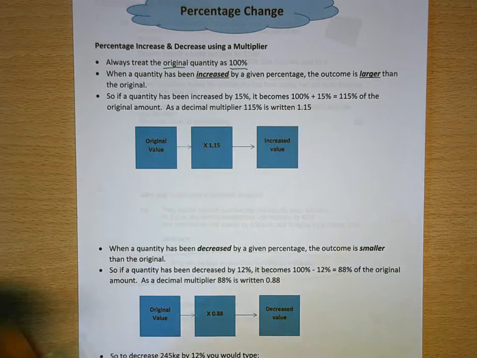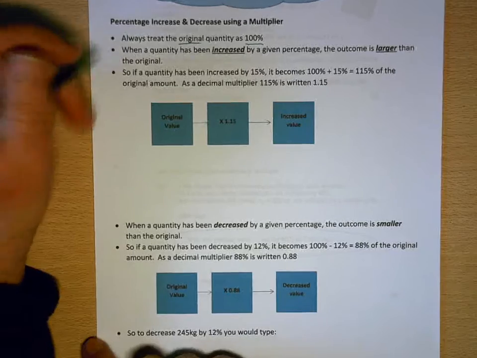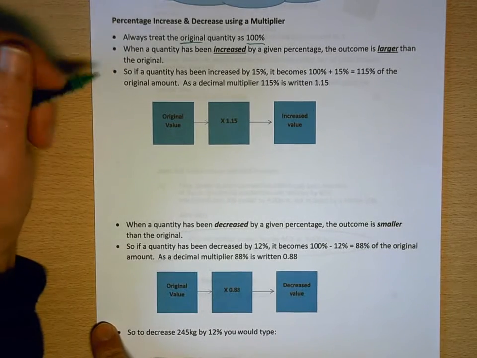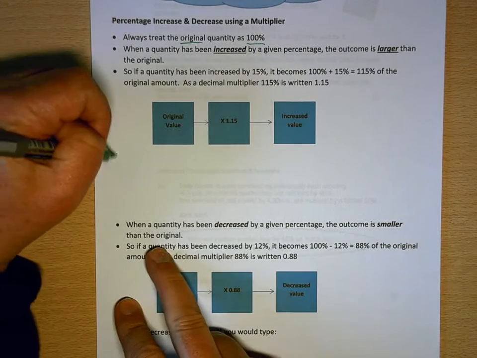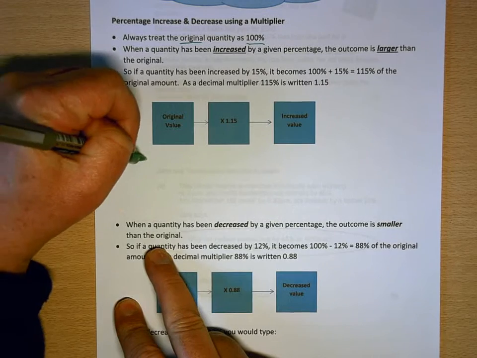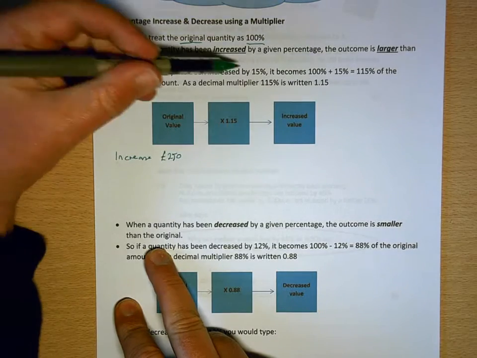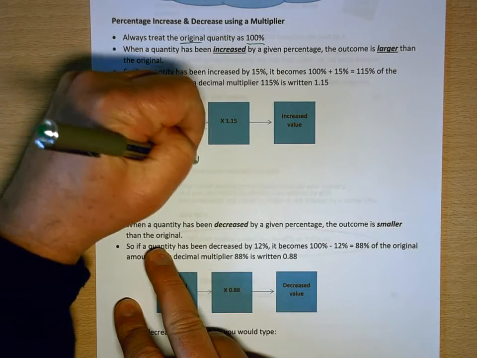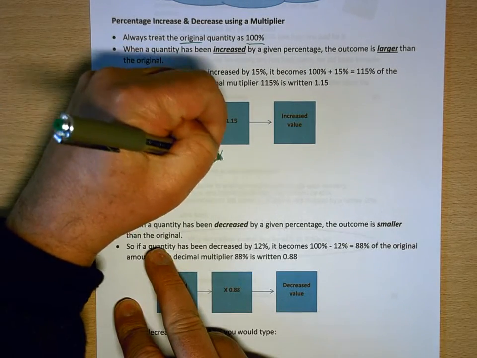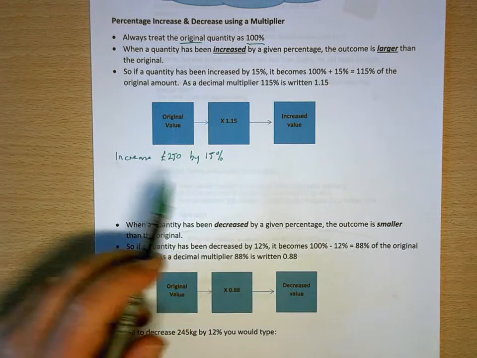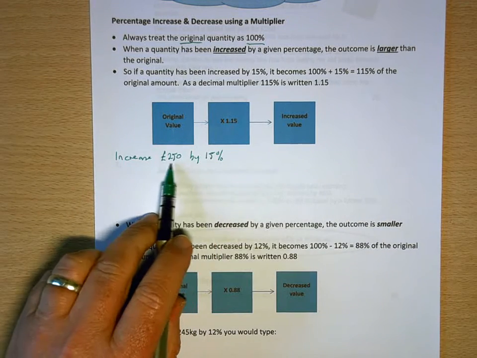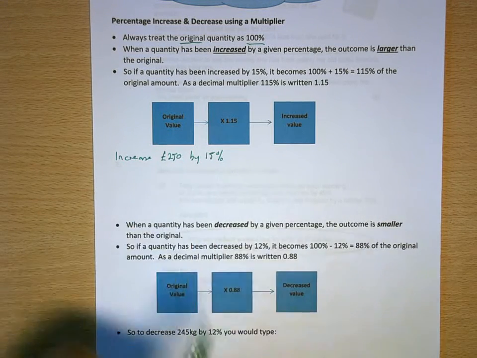So let's say, for example, that we're going to increase £250 by 15%. The way you would have done it at Key Stage 3 is you would have worked out what 15% of that quantity is and then added it on.